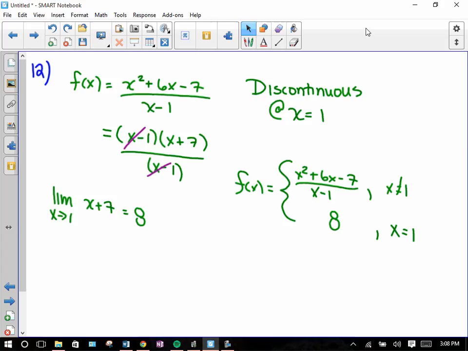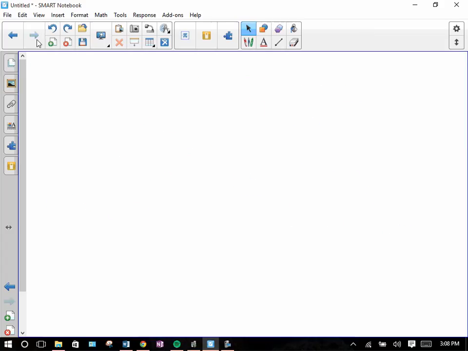Now, let's look at this next problem. The next problem says, estimate each limit accurate to 3 decimal places using graphs or tables.